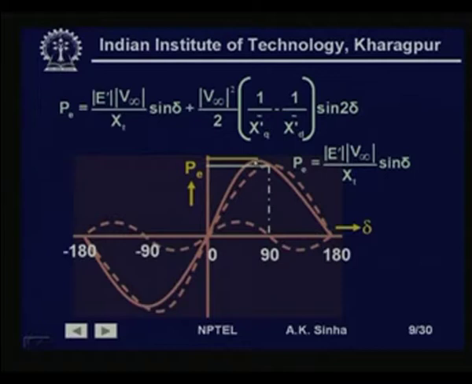At the steady state stability limit, the value of the synchronizing coefficient is 0, that is, the slope del P by del delta is 0 at this point, that is the stability limit point, and beyond this point the slope becomes negative.